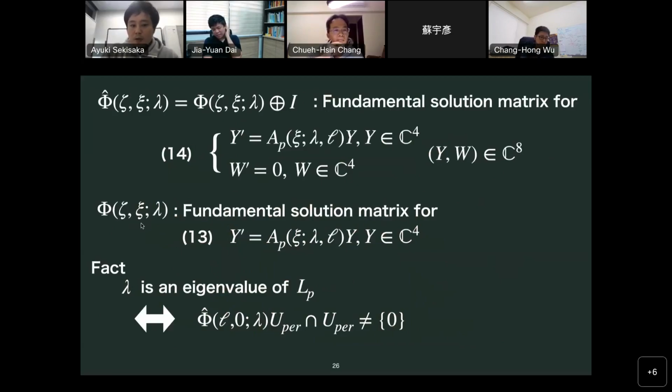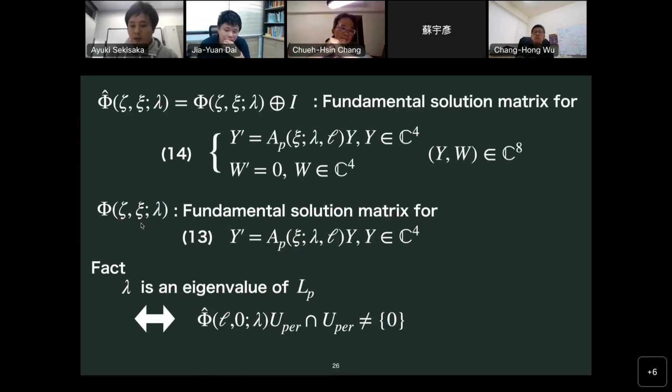We consider phi(L, 0, lambda). It is a Floquet matrix of this system. So phi(L, 0, lambda) has eigenvalue one if and only if system 13 has a periodic solution. So it is Floquet theory.